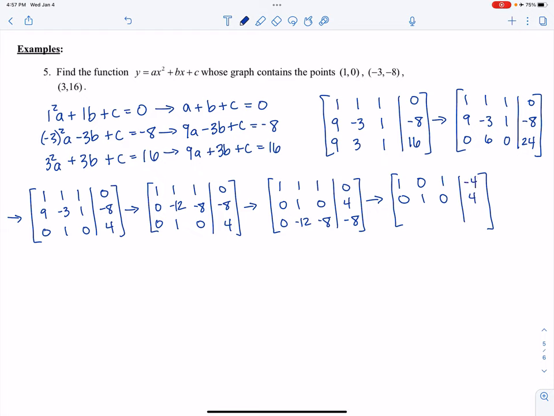And then I'm also going to multiply row 2 by 12 and add it to row 3 to eliminate that 12 down there. So we have 12 minus 12 is 0, and 0 minus 8, and 12 times 4 is 48, and 48 minus 8 is 40.